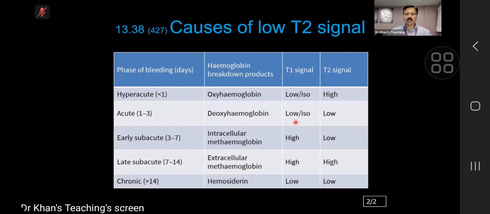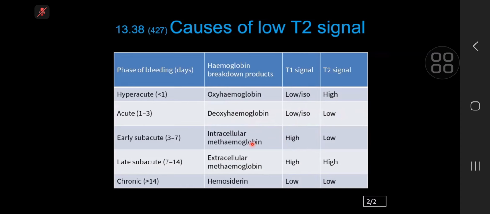Acute hematoma can be low on T2 due to deoxyhemoglobin. Please remember, this is a take-home point for you: deoxyhemoglobin can be low on T2, but on a T1 weighted sequence it will still be iso or low. As soon as it is converted to methemoglobin, it becomes bright.